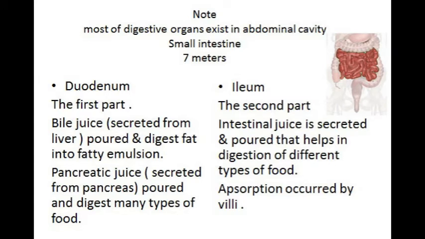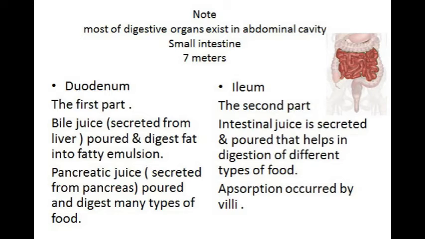And now we are going to talk about the small intestine. The small intestine is considered the longest organ of the digestive system. But before talking about it, we must say an important note: most of the digestive organs exist in the abdominal cavity.